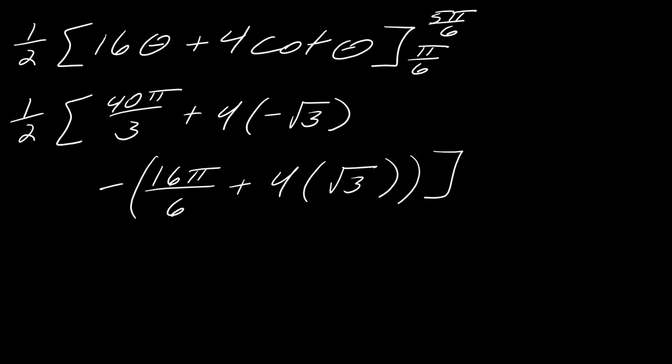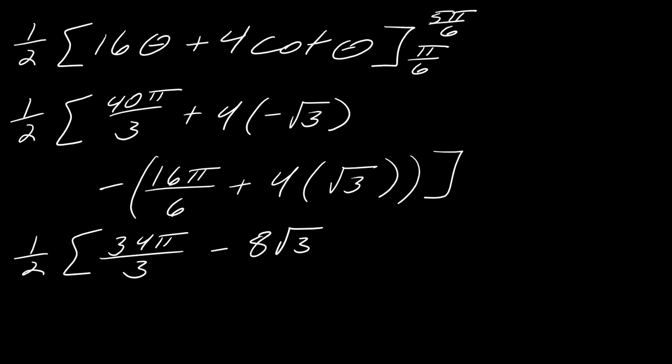It looks like this will come out to 34 pi over 3, since 40 pi over 3 minus 16 pi over 3 leaves me with 34 pi over 3. And then this is minus and this is minus, so it looks like that'll be 8 square root of 3, and then you can distribute that 1/2 if you want. But I think we get the idea here.